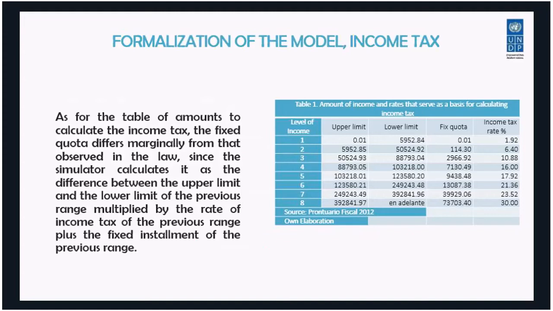The lower limit is almost 6,000, and the upper limit is slightly above 50,000 Mexican pesos, right? So if you earn an income in that bracket, you have to pay a fixed amount of 114 pesos plus an income tax rate of 6.4%, right? And this is very similar across countries.